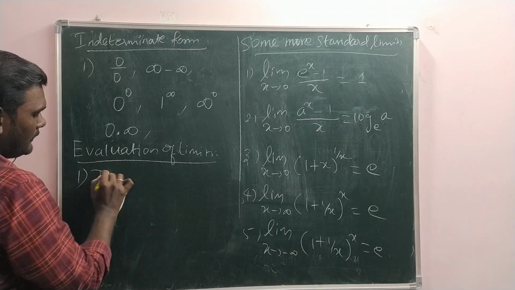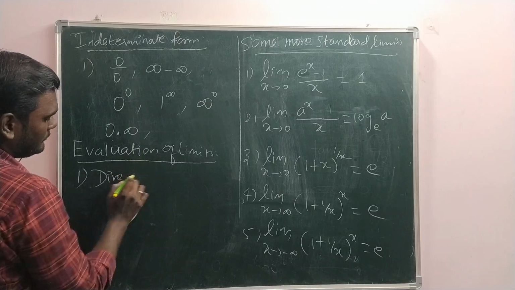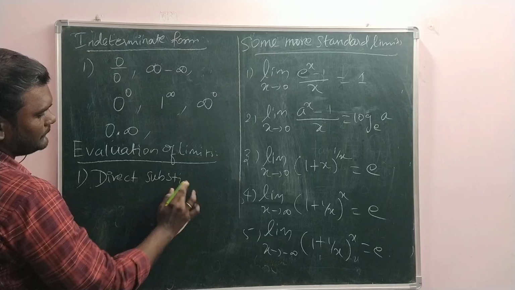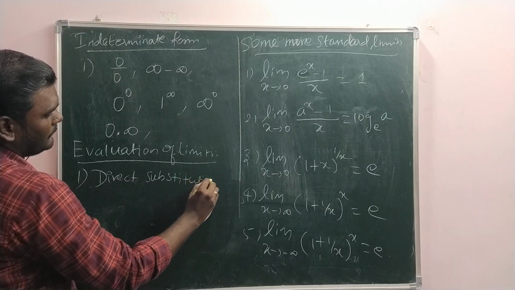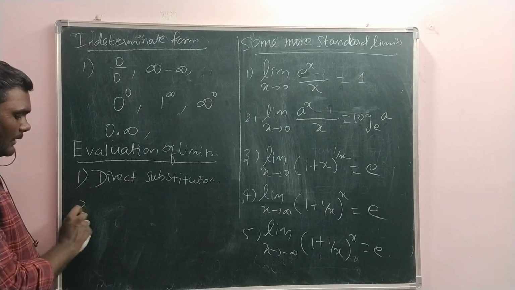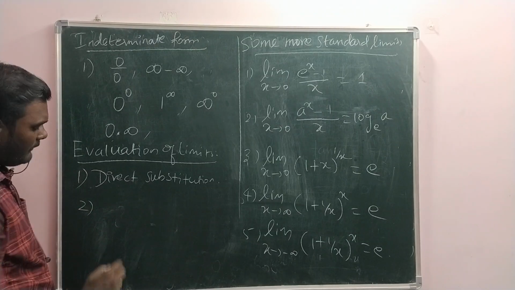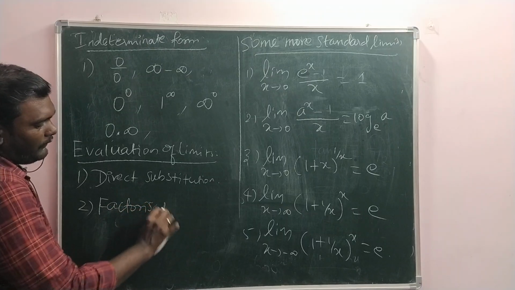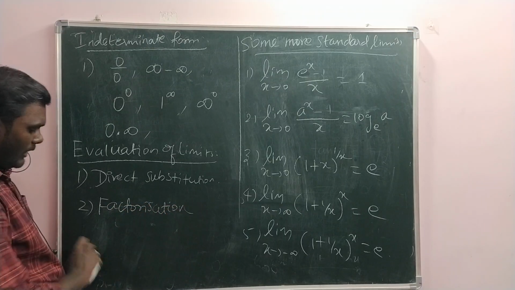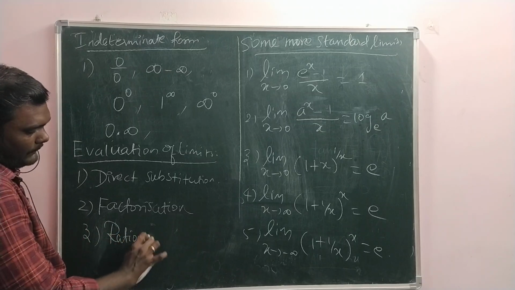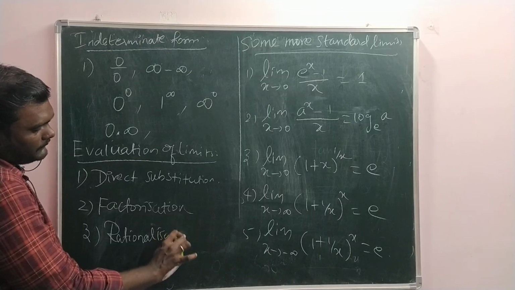The first one, direct substitution. We have seen this method, right? Directly we substitute and we get the limit. That's all. Suppose direct substitution fails, then we go for factorization. If factorization is also not possible, then we go for rationalization.